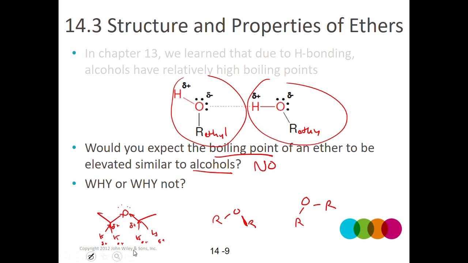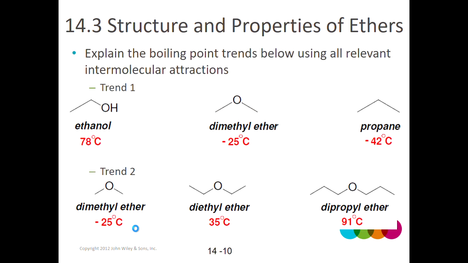So not much attraction between one ether's positive end and its large negative end. And so they just don't attract one another very well. They attract through some minor dipole because there's a positive end and a negative end. But the amount of positive that's exposed on the surface to physically attract to a negative of a neighboring molecule is actually pretty minimal. And so we see that when we look at the physical properties.